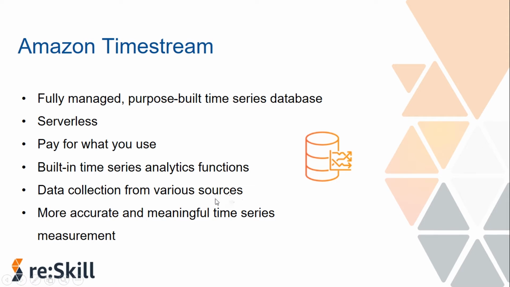So multiple things can be done. Various data sources can be there, and it can send the data to multiple other sources for your various use cases. Also, it makes it easy to measure how data sets change over time, and you can concurrently view the past, present, and future data sets for reporting that is more accurate and meaningful.